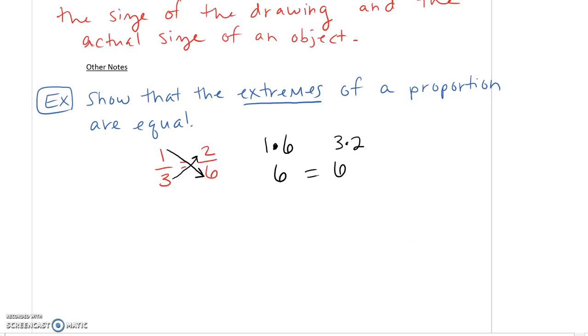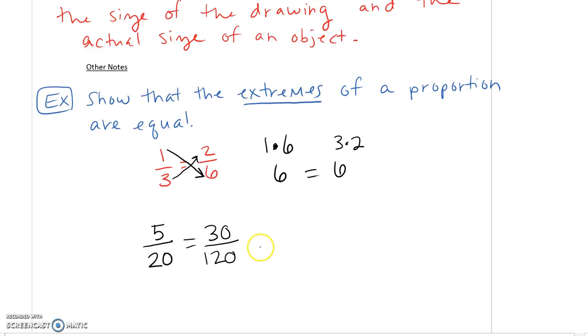It doesn't matter how complicated of fractions you make. So let's say I had 5 over 20. Let's see, what else would be equivalent to that? 30 over 120? Is that even right?